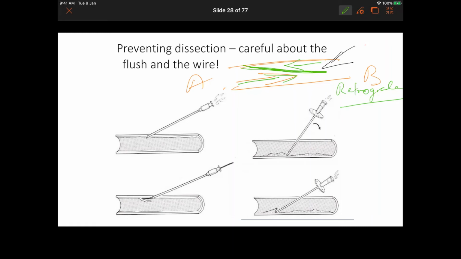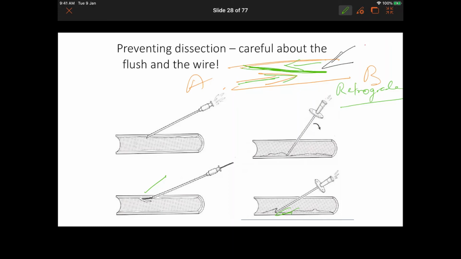Wire dissections are mostly retrograde when you are puncturing the artery, and it happens if you are very hasty. Suppose you are puncturing the anterior wall, you just have a flush and you put in a wire, and you can easily create a rent. Or if you have gone deep, you withdraw the needle, you see a flush, you put in a wire, you can dissect the posterior wall of the artery.